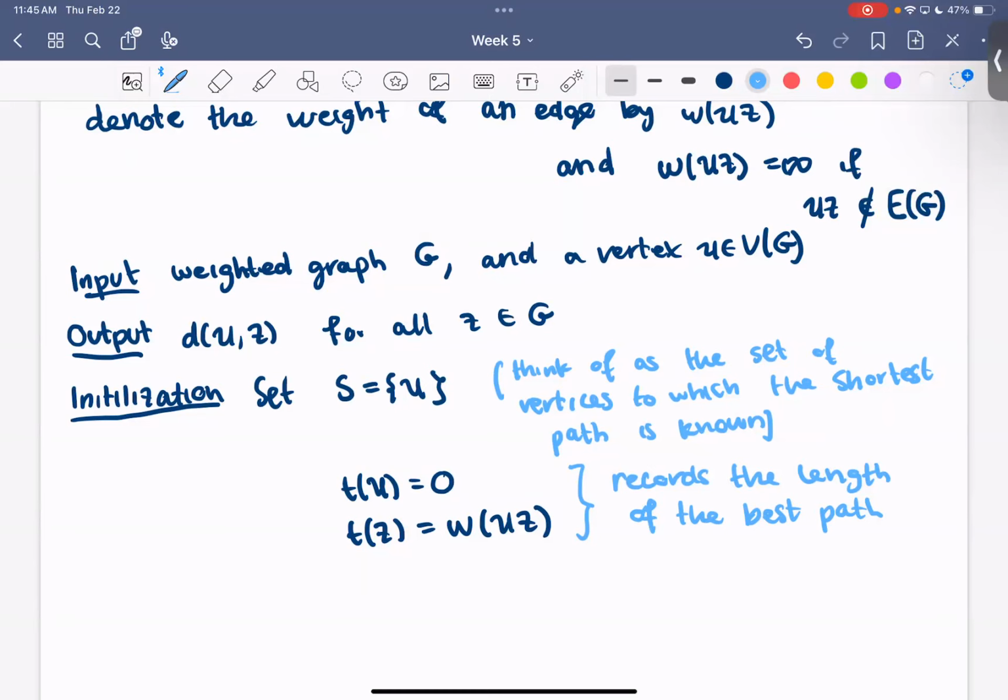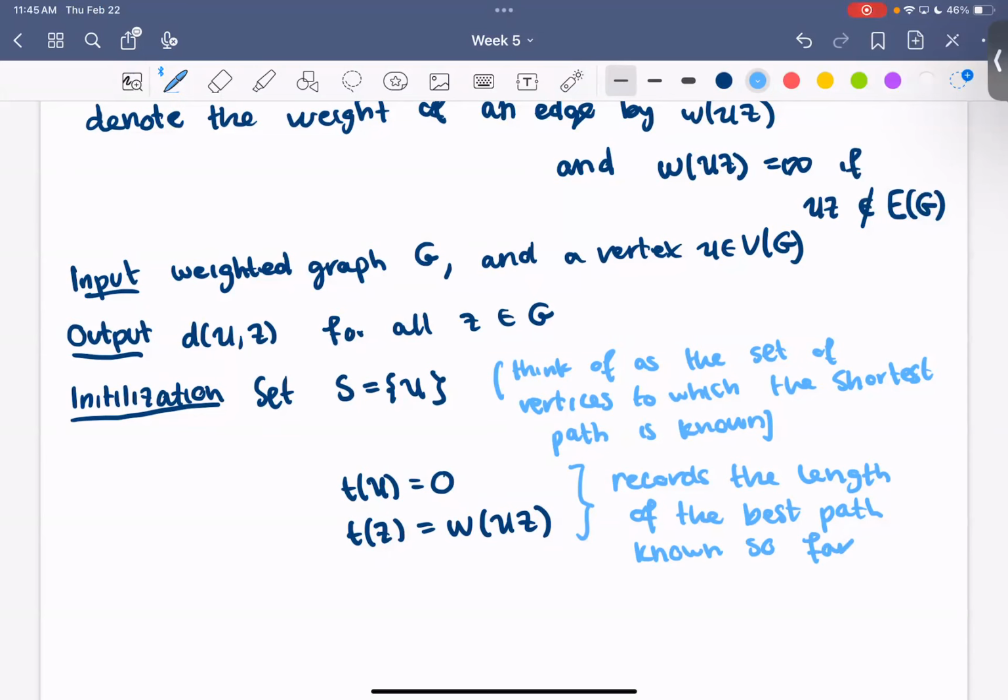And at each step, it's just going to record the length of the best known path. So to start off, we know that the distance to U is 0. And we know that in the worst case, the distance to Z is given by the weight of the edge from U to Z.